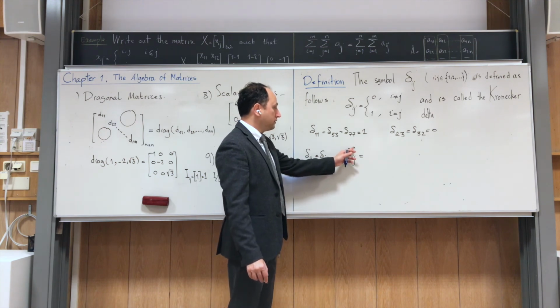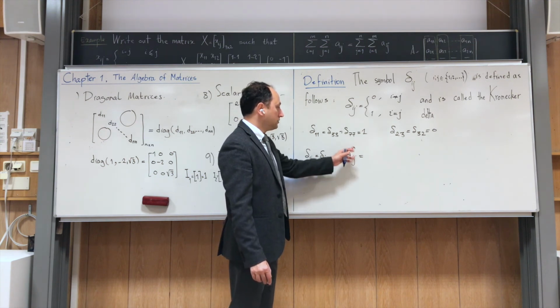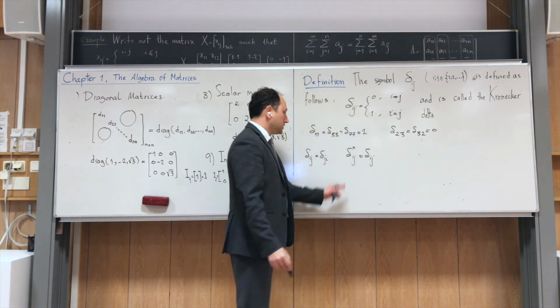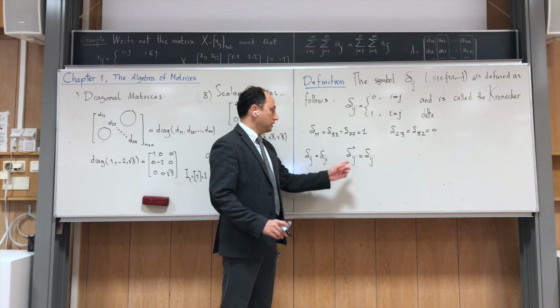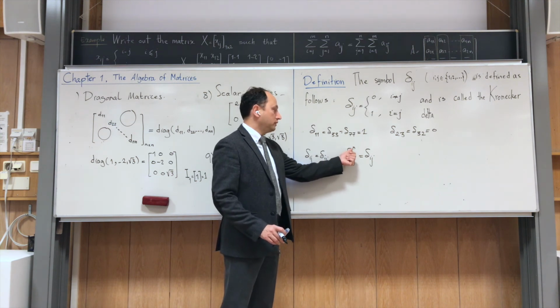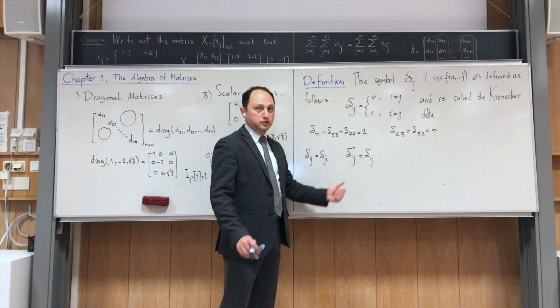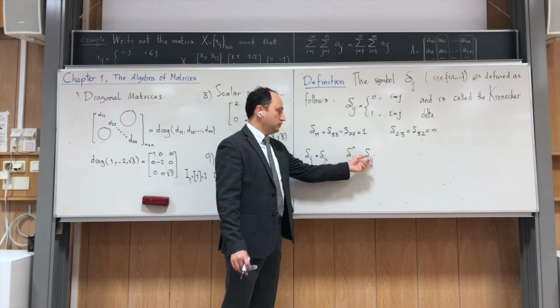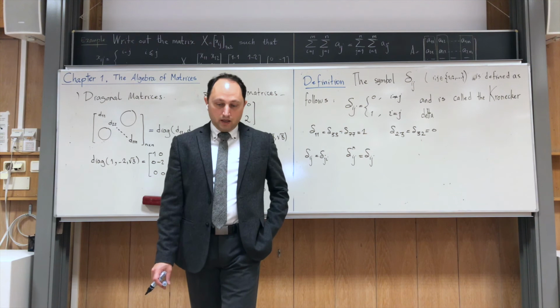If I have a positive exponent, then delta ij to that power is equal to delta ij itself. Because if i and j are equal, the left-hand side is 1 to the power n, which is 1. The right-hand side is also 1. If i and j are not equal, the left-hand side is 0 to the power n, which is 0, and the right-hand side is also 0. Okay.